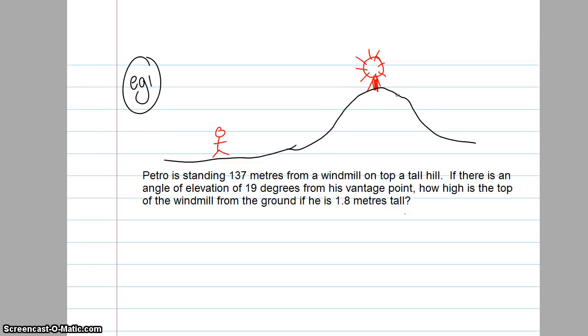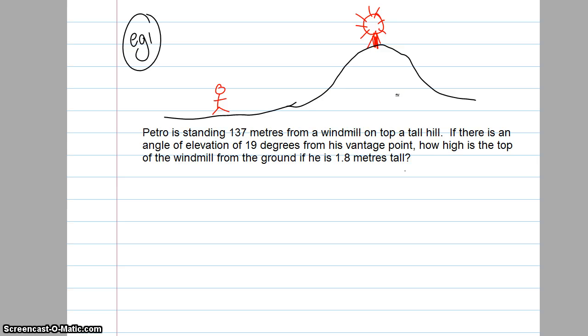So let me just draw a triangle to distinguish what's going on here. We've got this triangle happening just here. Okay, and this is the person's eye. And that's the top of the windmill up there. I can really draw these things very well. It's 137 metres from there, and we know that the angle of elevation is 19 degrees.